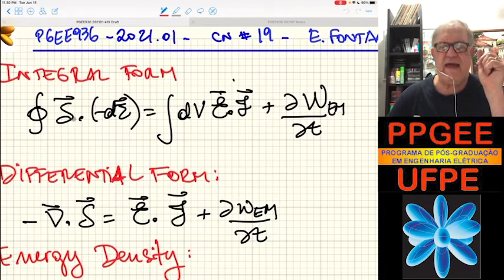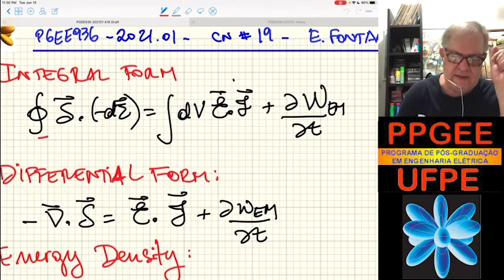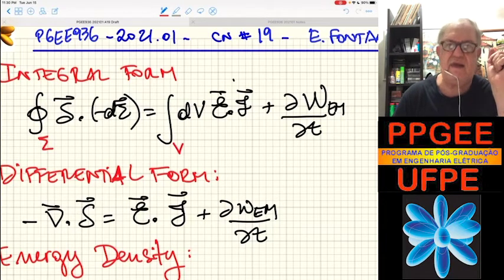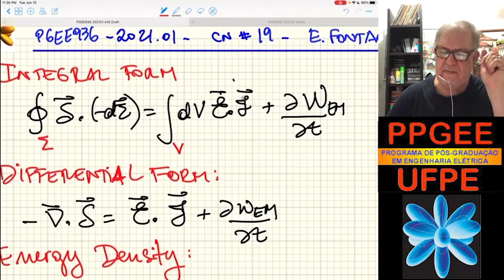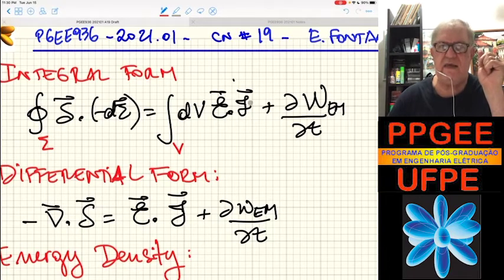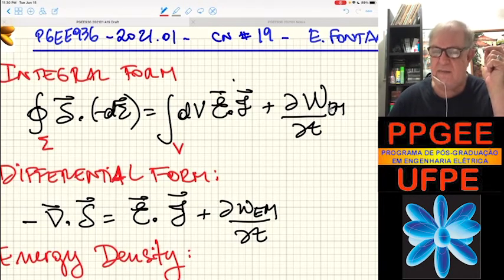The flux of S inwards through a surface sigma that bounds a volume V equals the power exchange between field and current density, plus the time rate of change of the electromagnetic energy enclosed in the volume.